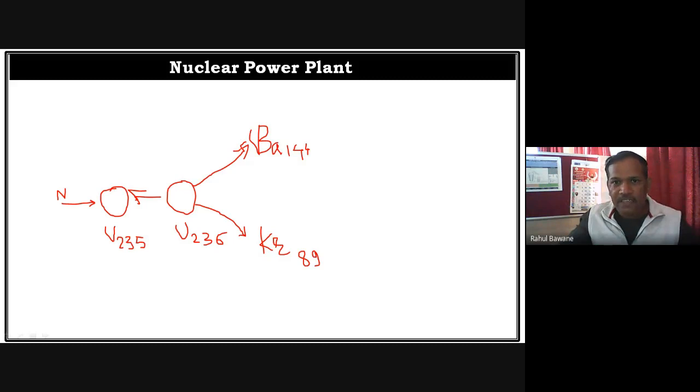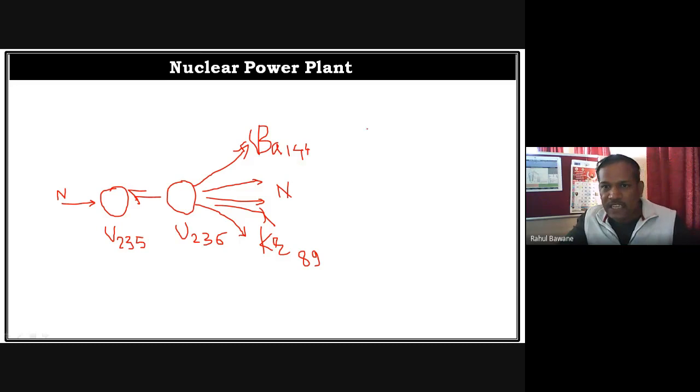But when it splits, then along with this barium and krypton, there will be emission of another 3 neutrons. So 3 neutrons will be emitted. Now what happens with these 3 neutrons? These 3 neutrons will bombard the second atom of uranium. So in this splitting process, there is an evolution of heat energy, extremely high heat energy.